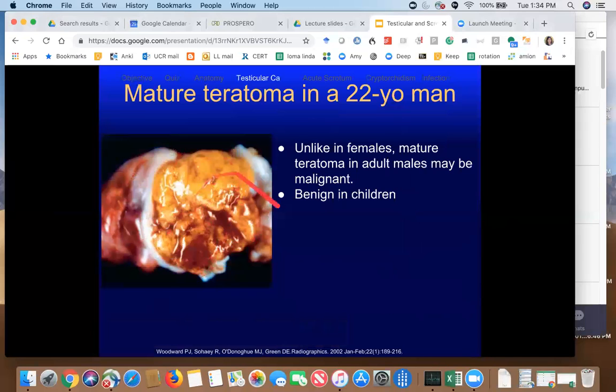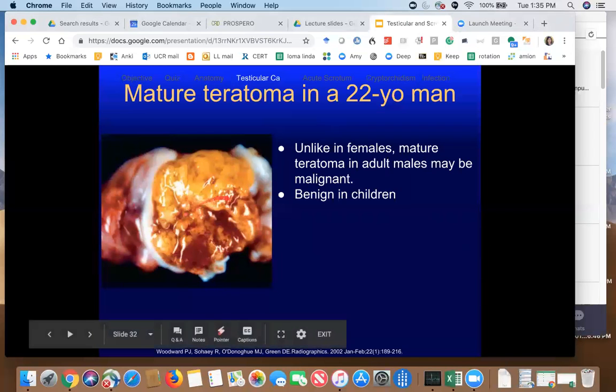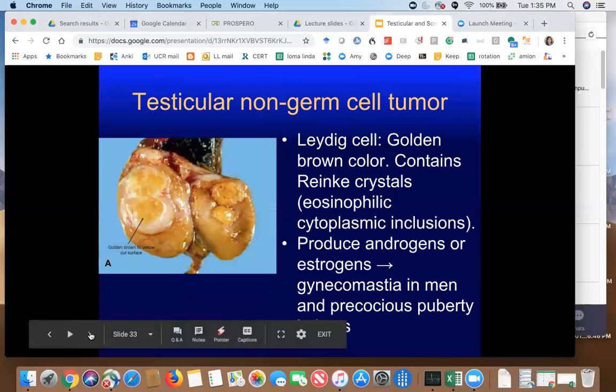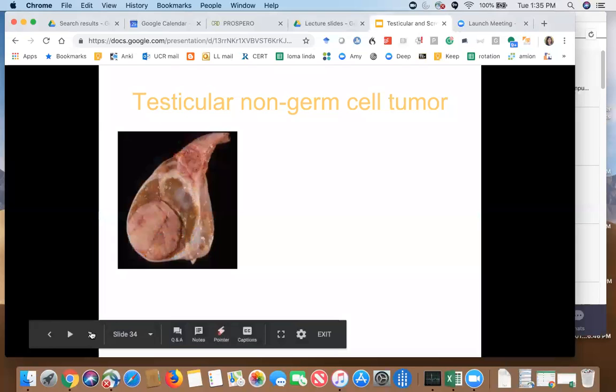They look different. You can have teratomas of the chest as well, and those don't have hair and teeth either. So I think maybe just the ovarian dermoids have the hair, sebum, and teeth. Testicular Leydig, we did this already.